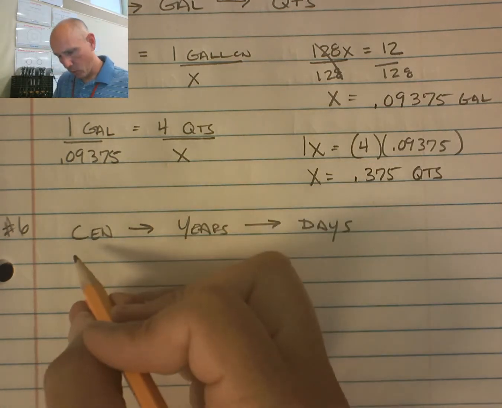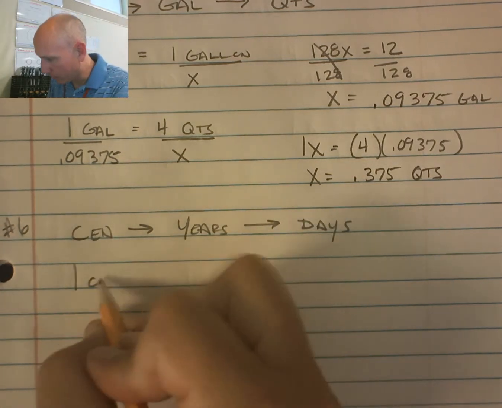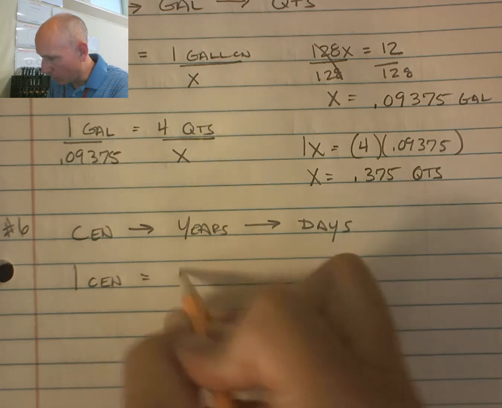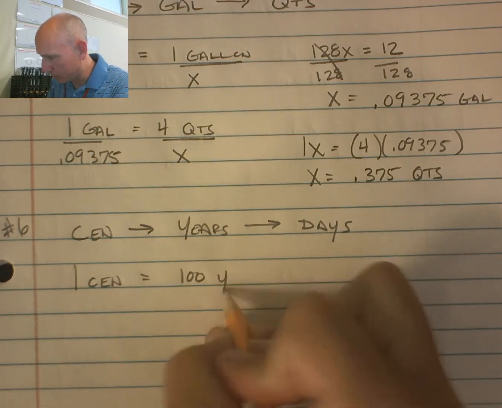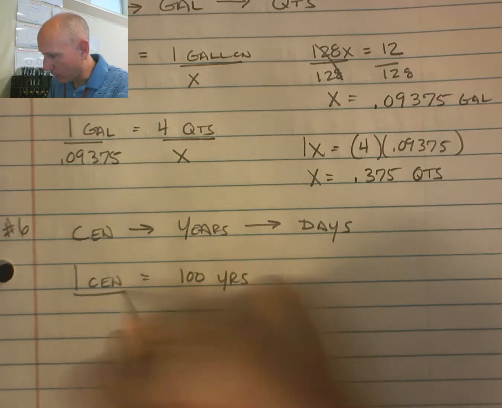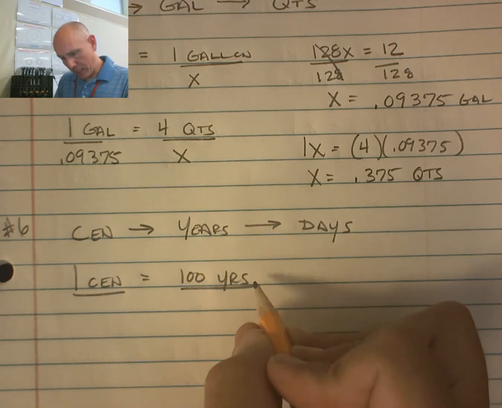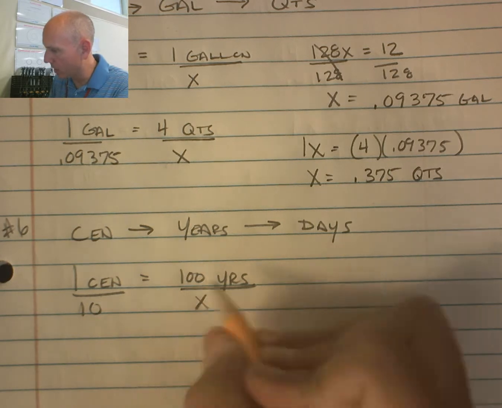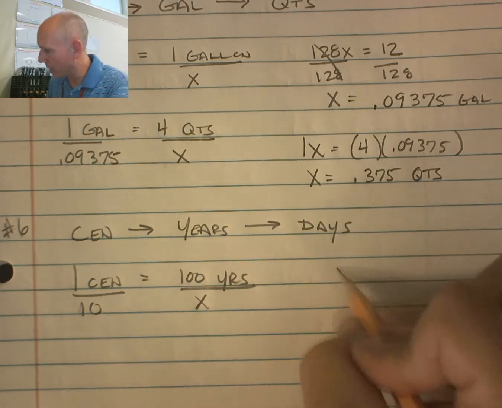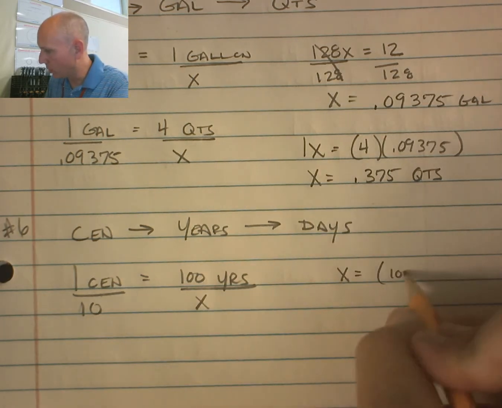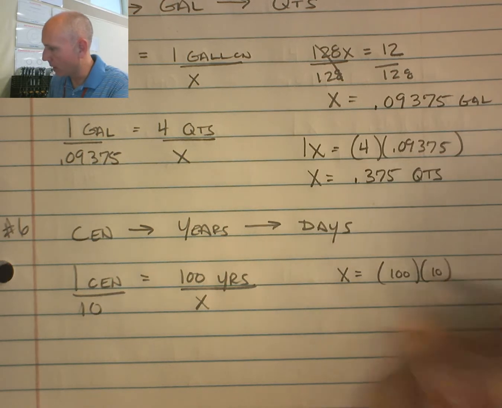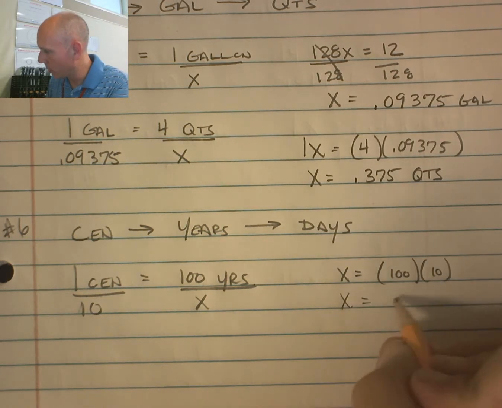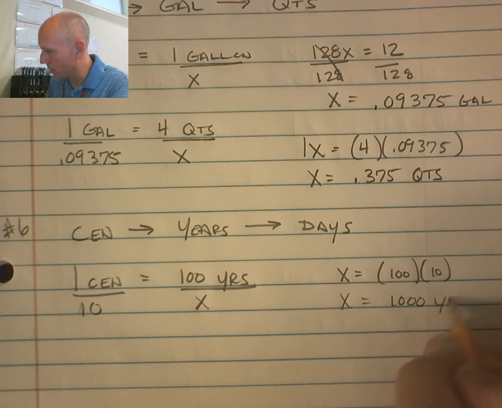It says 1 century equals 100 years. I was given that I have 10 centuries, so 10 centuries equals x years. Cross multiply and divide, so x equals 100 times 10. So x equals 1,000 years.